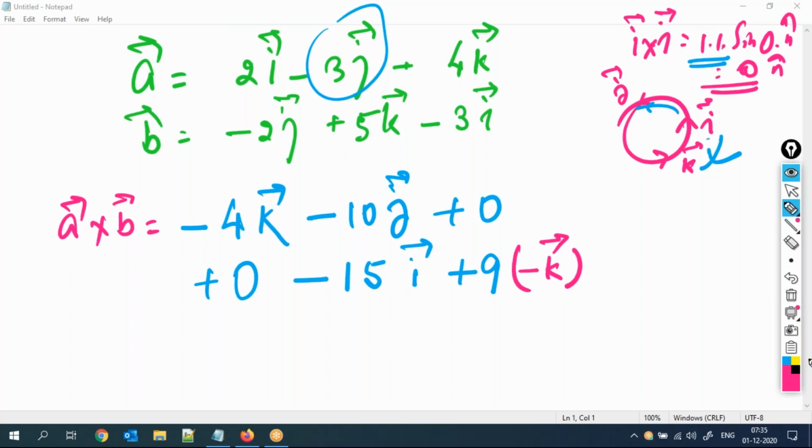What about the last one? Minus 8. No, it will become plus because last, plus 8I. K cross J is minus I.